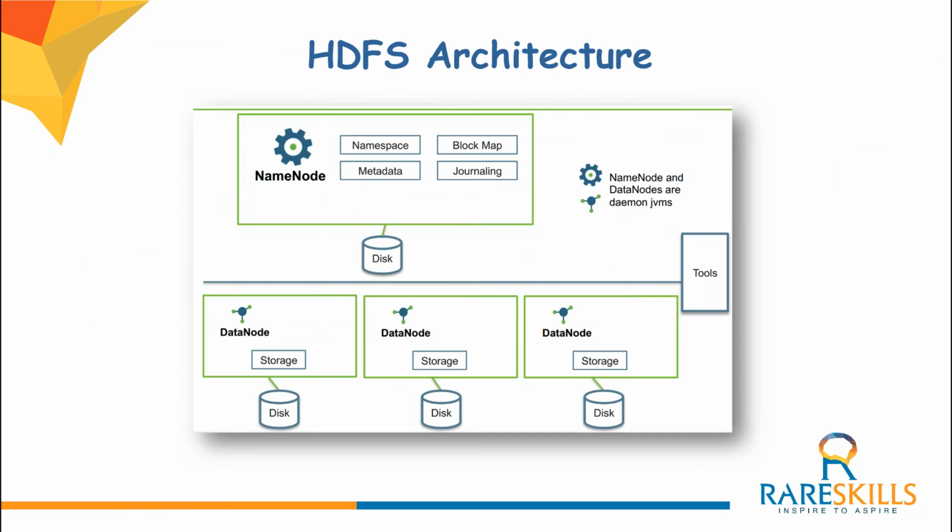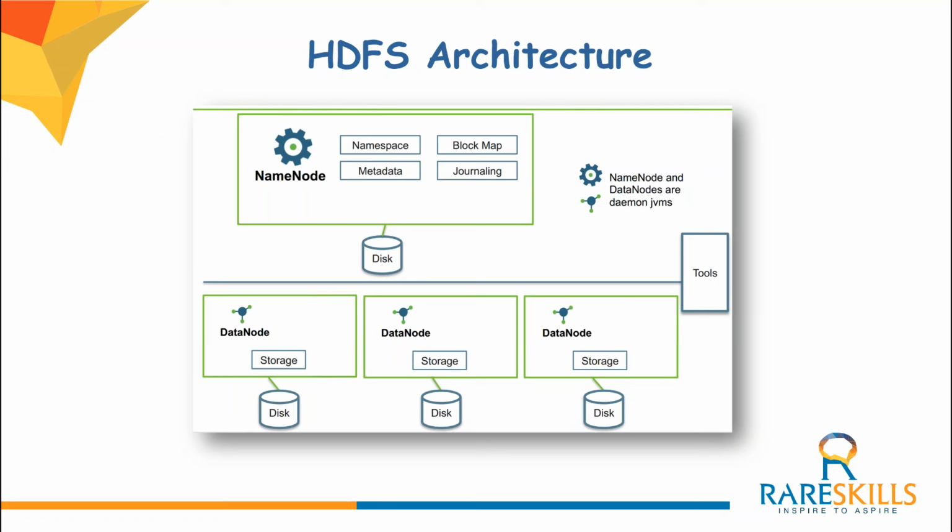So what is HDFS? HDFS appears as a single disk in the Hadoop cluster. It runs on top of the native file system of Linux, and it is based upon Google's file system, which has fault tolerance, which can handle disk crashes or machine crashes, and it stores large files.